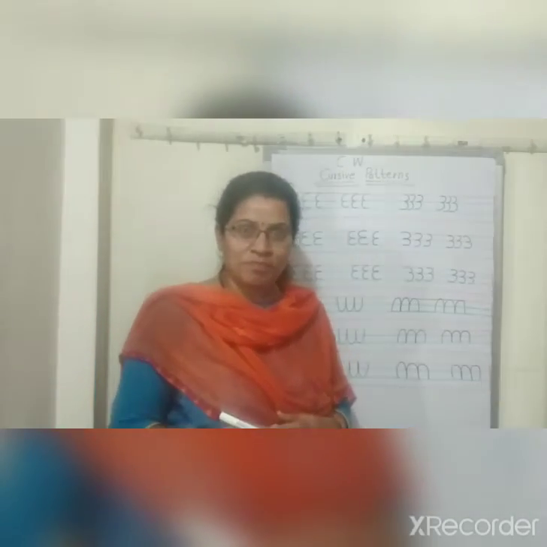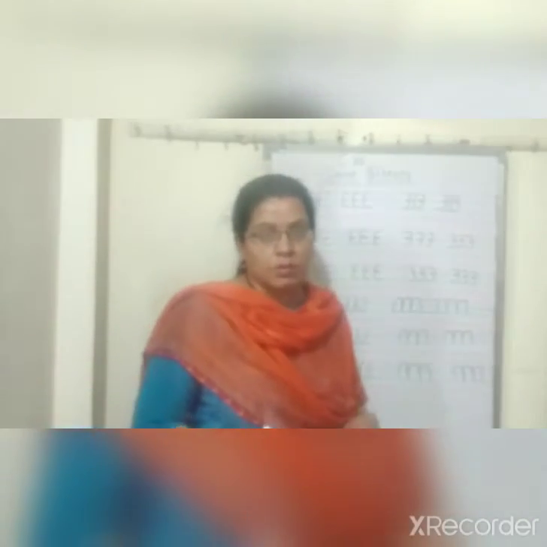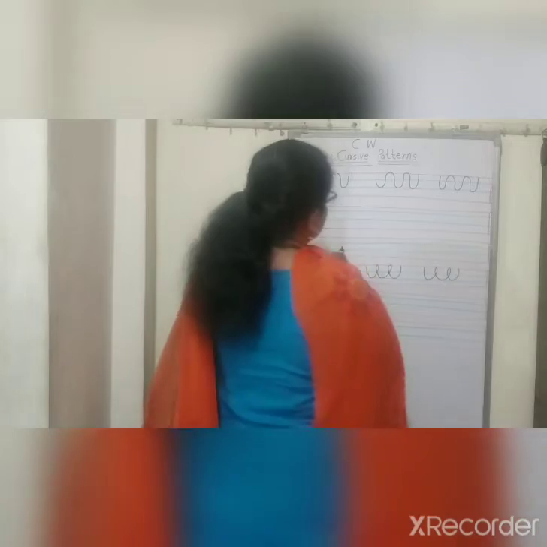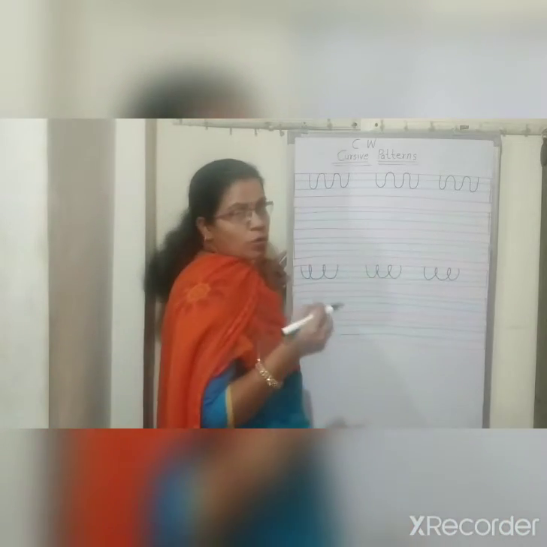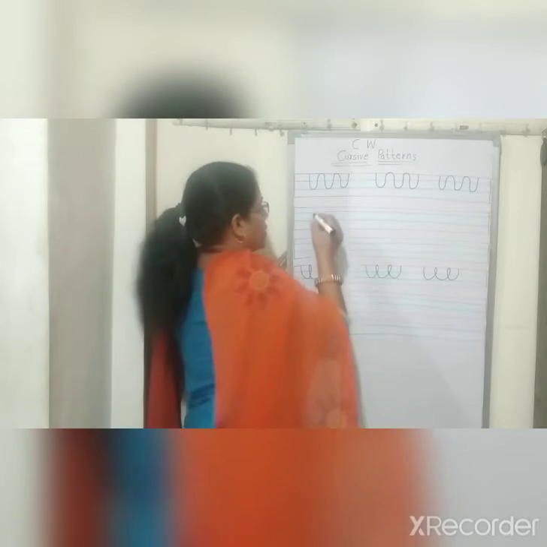Now we are going to make some more curves. We are going to finish curves in this class. The next curve is, you can see here, quite difficult for you, but try to make it and practice.